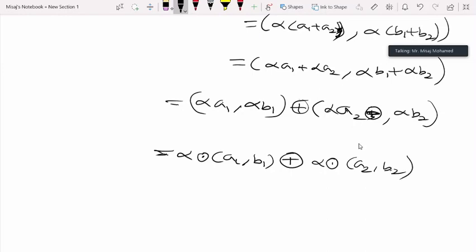So this distributive property holds. Is it okay? Right. Okay.